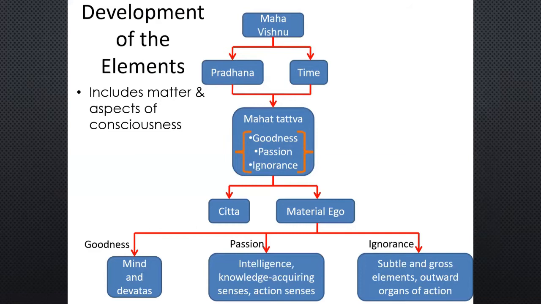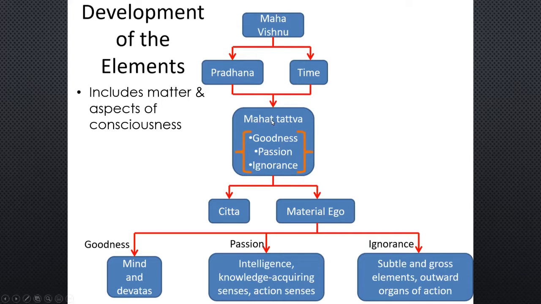If you remember from the previous sessions, we talked about how from Mahavishnu, time comes, and this primordial material, pradhana, comes. And when these combine, then you have something called Mahatattva. This Mahatattva is basically the pradhana, which has broken up into the three gunas, goodness, passion, and ignorance, right? And as these combine, they create the material ego.